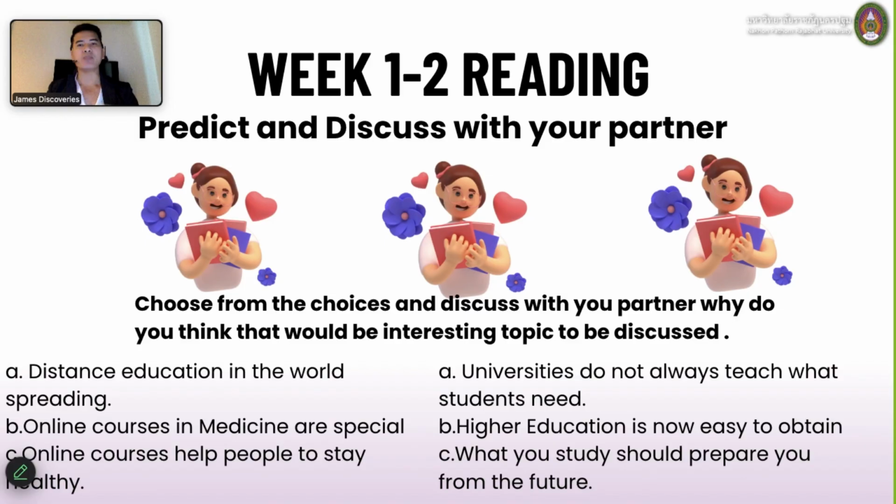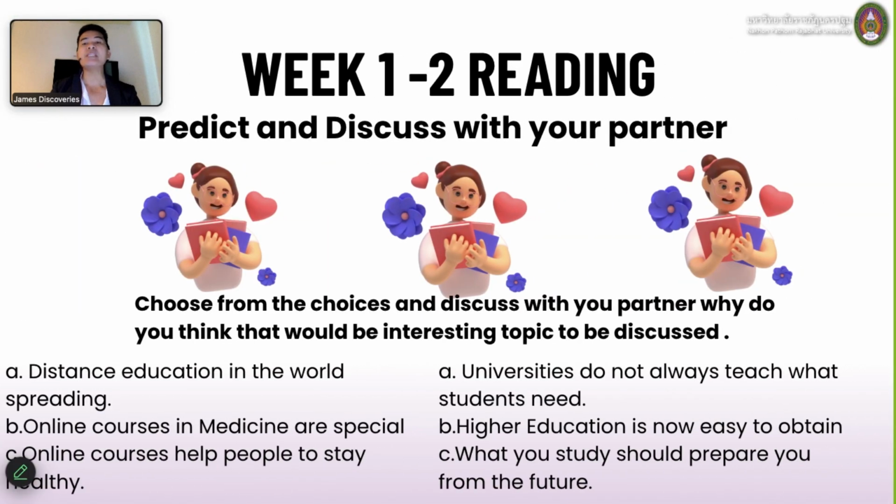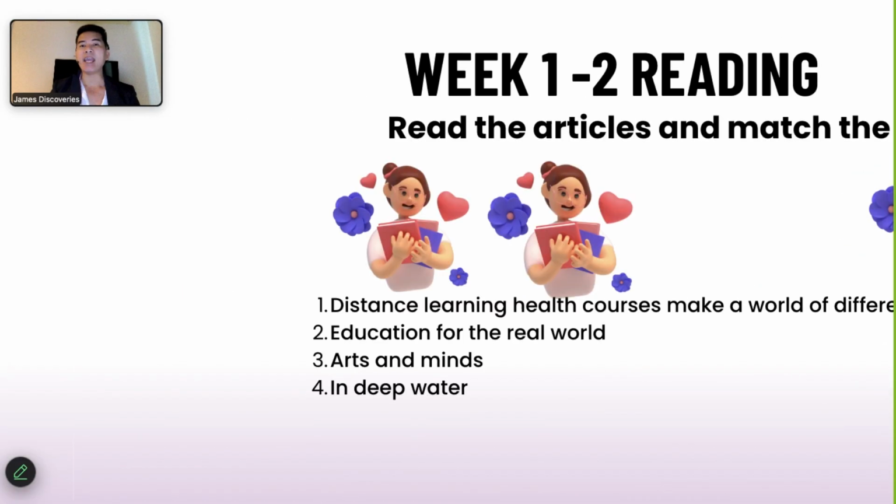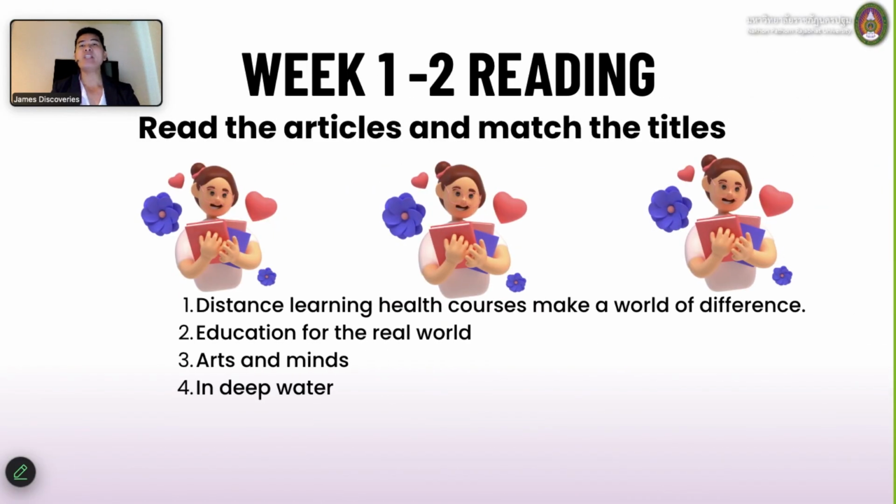After you predict and after you discuss, I want you to proceed. So we're going to read articles now and match the titles. Of course, we have here number one, distance learning health courses make a world of difference; education for the world; arts and minds; in deep water.